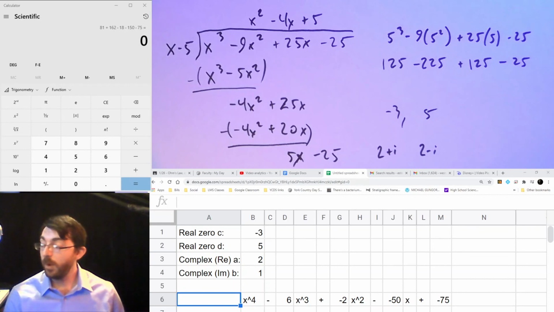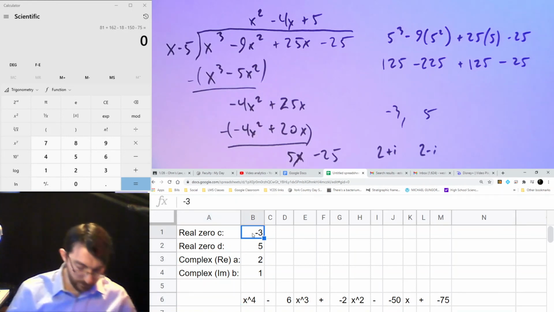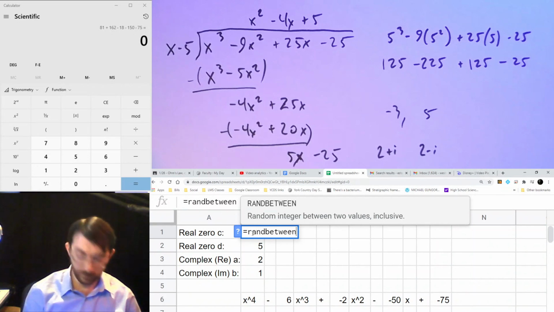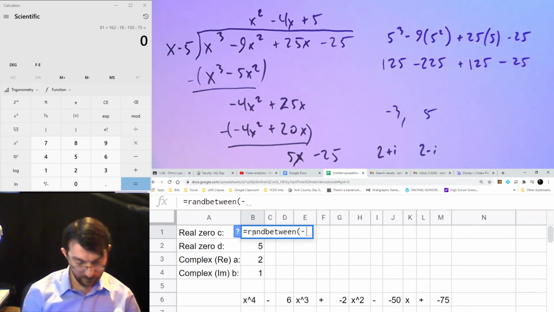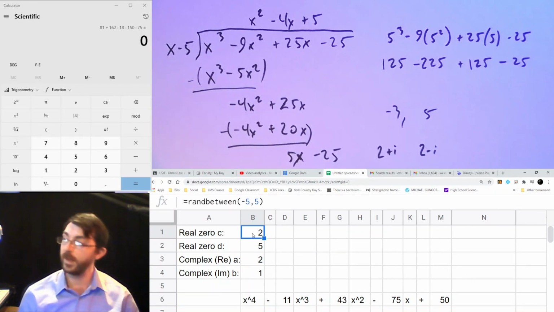I'm going to just post them in, and it's going to give me a polynomial, and I just have to be like, okay, I guess so. By the way, this also means I could easily come up with a different one for everybody. So equals rand between -5 and 5, and let me just copy that the whole way down.